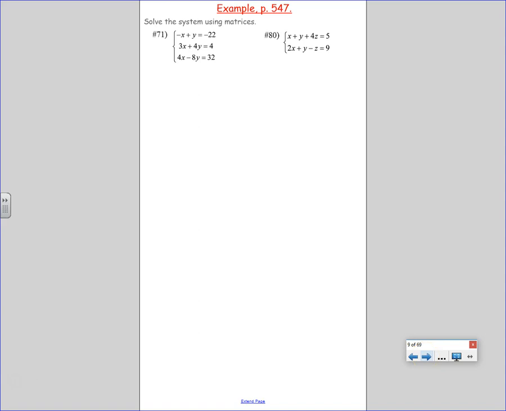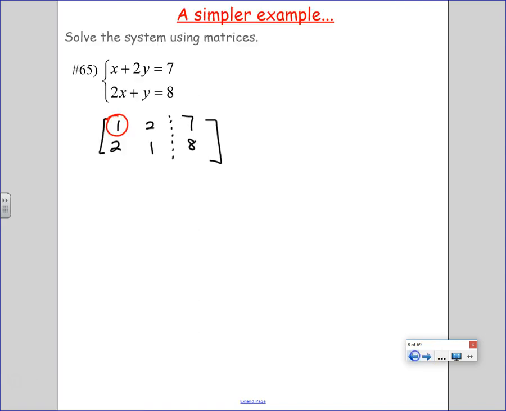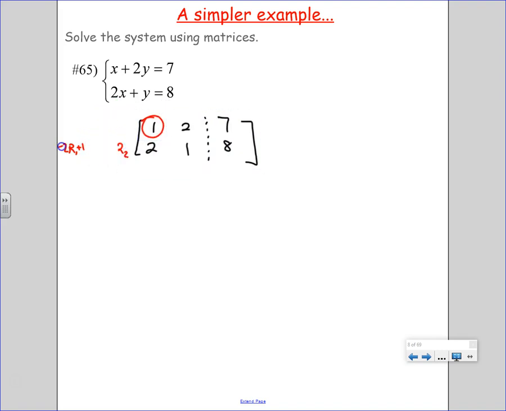Now go ahead. John, you were trying to explain to me. How do you get a 0 here? Row 1, -2 row 1, plus row 2. And technically, if I had room, I would say -2 row 1 plus row 2 into row 2.